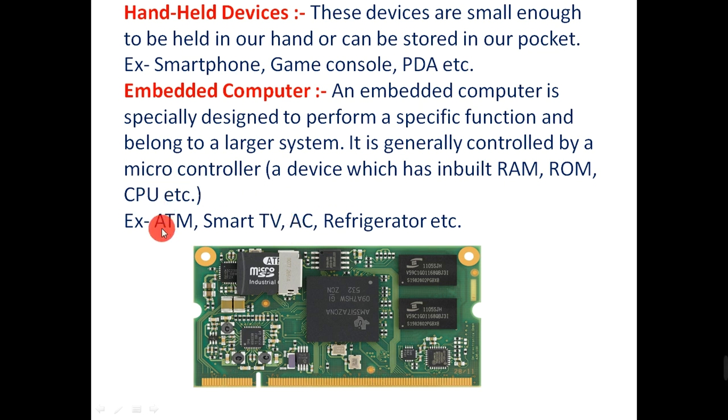So every activity in ATM, smart TV, AC, refrigerator, that will be controlled by this microcontroller present in these devices. So you can see in this circuit, this is your embedded computer. So it can only perform some predefined operations in it.